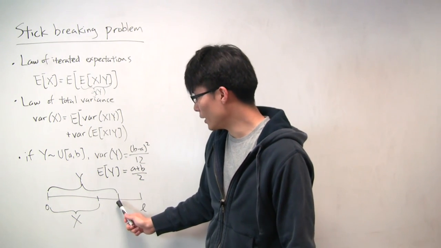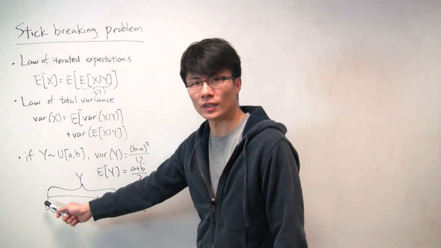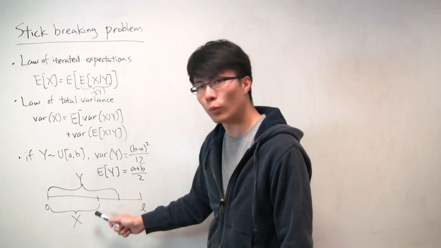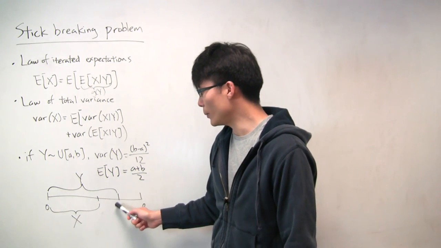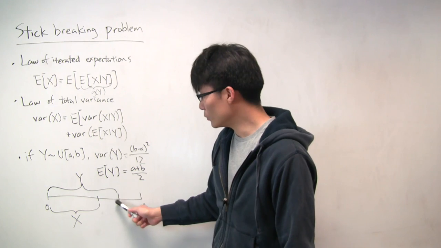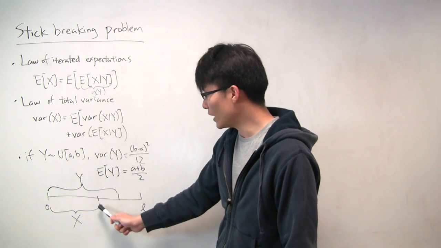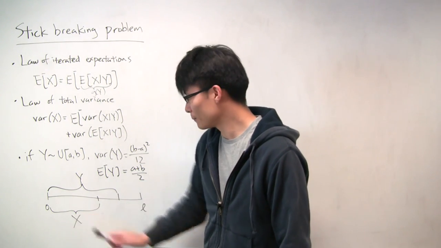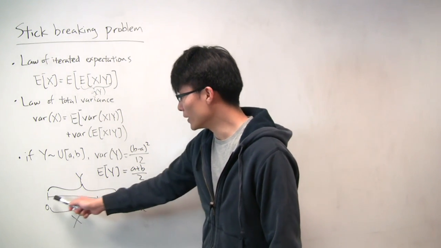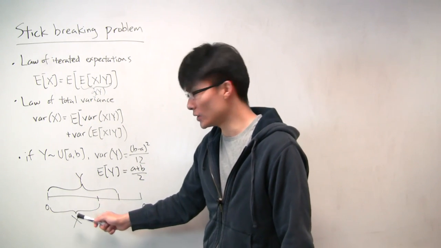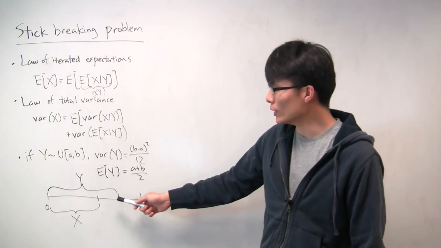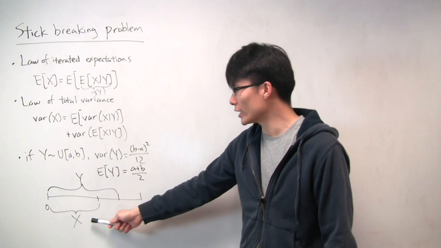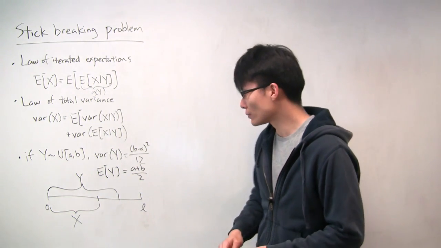We take this left side of the stick that's left, pick another point uniformly at random along this left remaining side, break it again and keep the left side of that break. We'll call the length of the final remaining piece x, which again is random. The problem is asking us to calculate the expectation and variance of x.